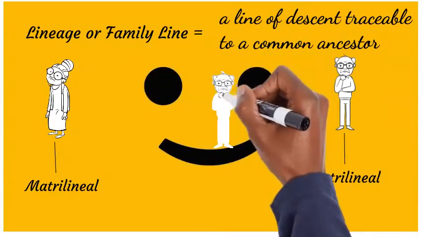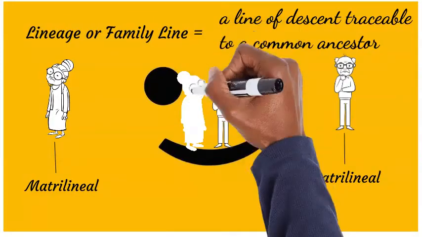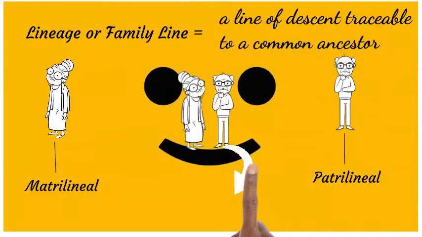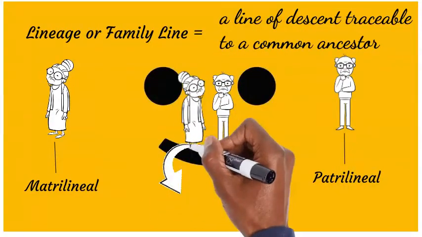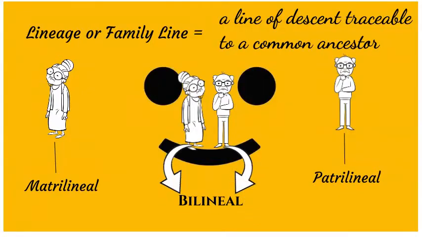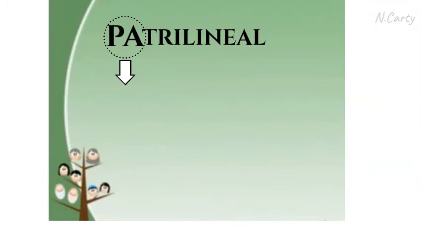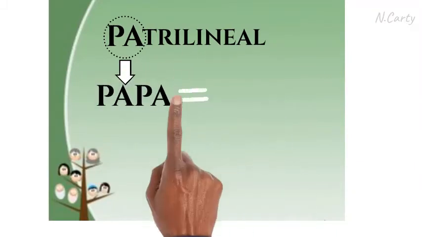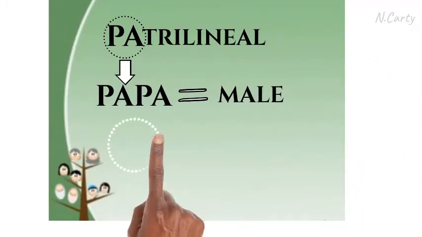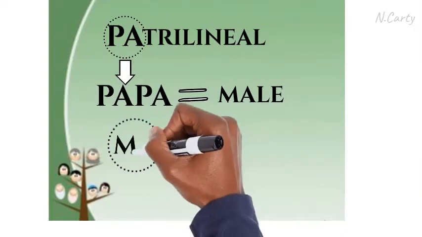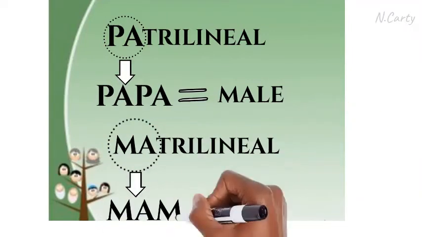Or a family tree can show both lineage from the father and the mother, and that is called bilineal. As I often share with my students, in social studies, patri means male or father, while matri means mother or female.